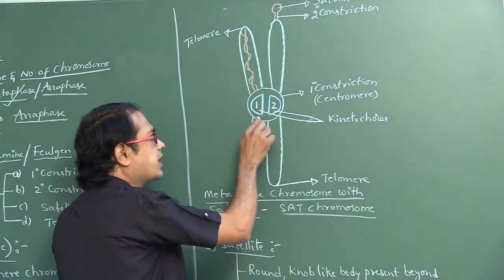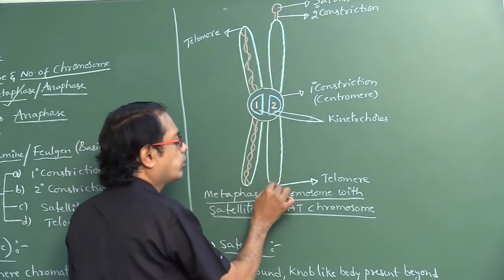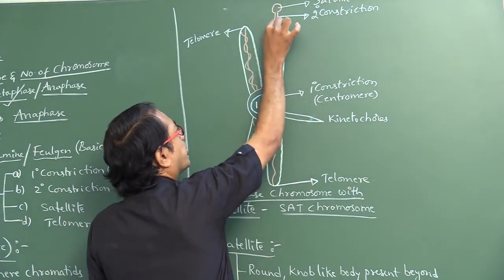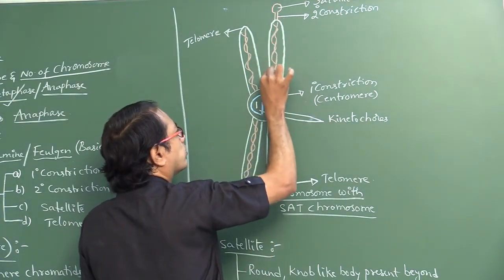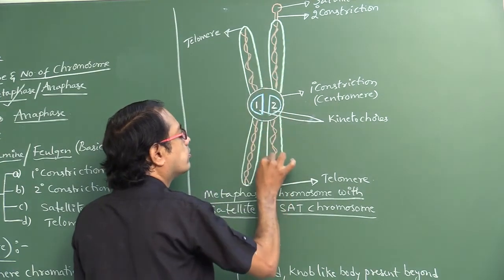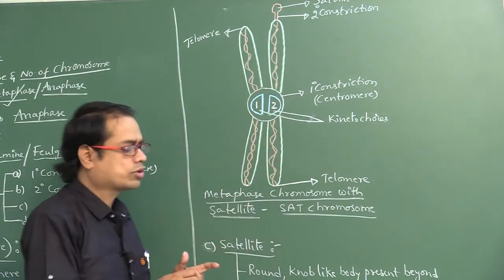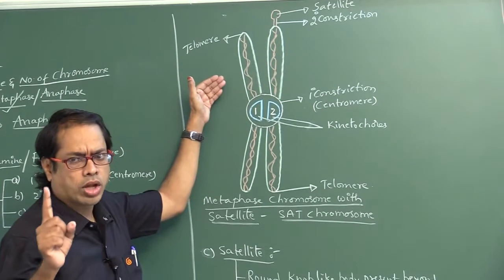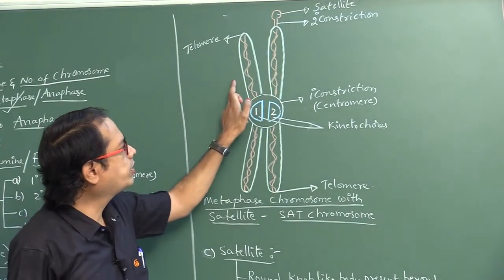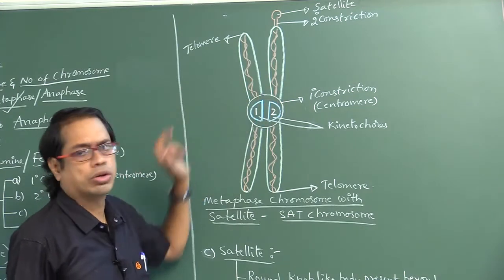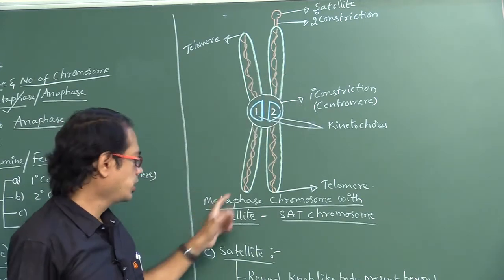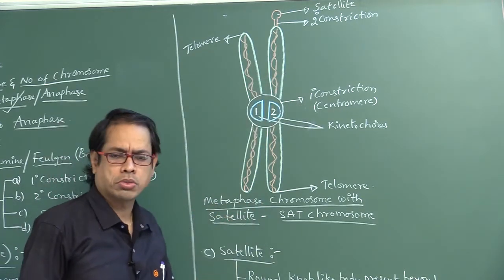One chromatid has one DNA molecule, and this chromatid has another DNA molecule. So each chromatid has one DNA molecule. 2 chromatids means 2 DNA molecules. So, if the chromosome is having 2 chromatids, this is called a metaphase chromosome.